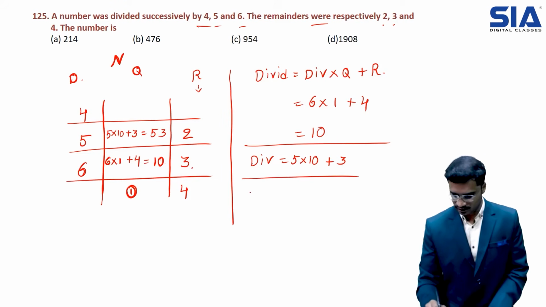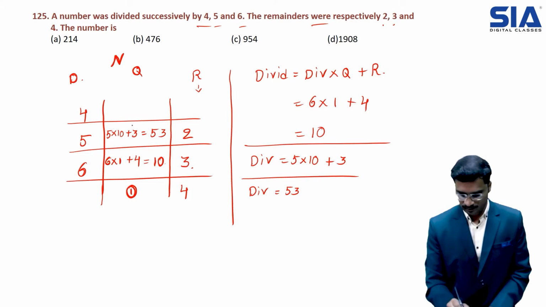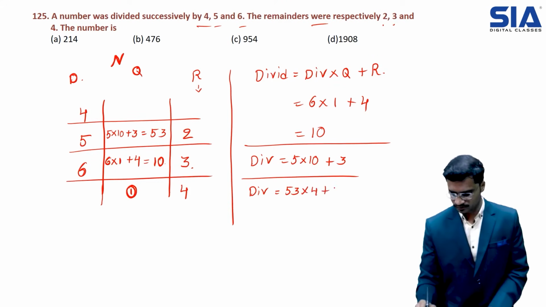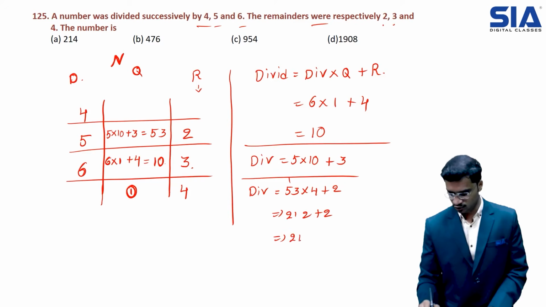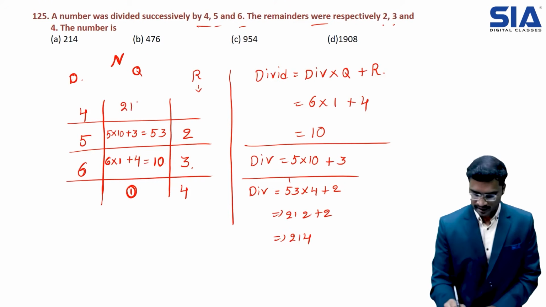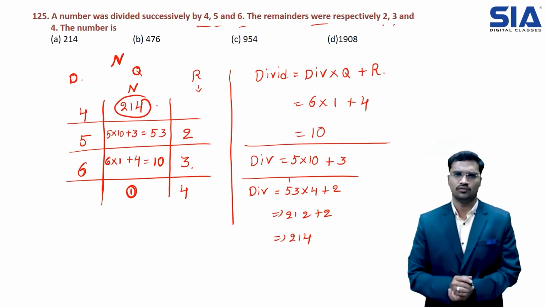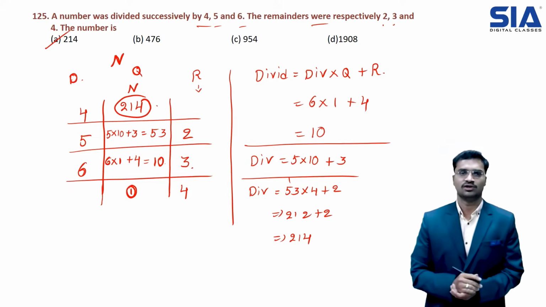And the last dividend is equal to 53 multiplied by 4 plus 2. 4 threes are 12, 4 fives are 20, 212, plus 2, which is 214. So the number we started the division with was 214. So our answer is 214.